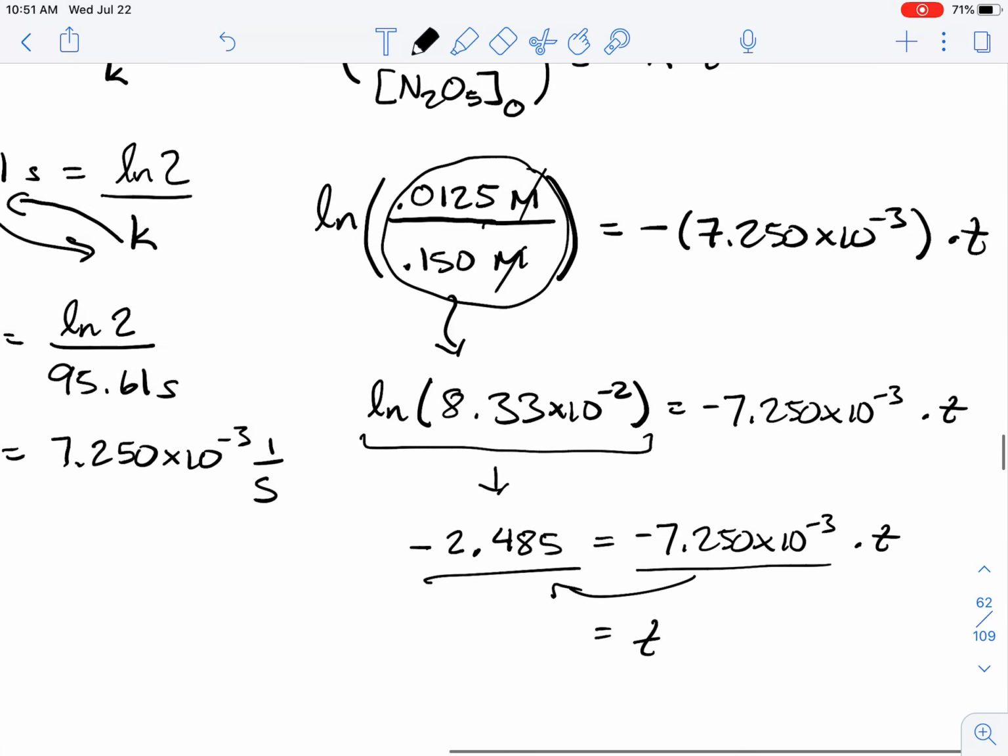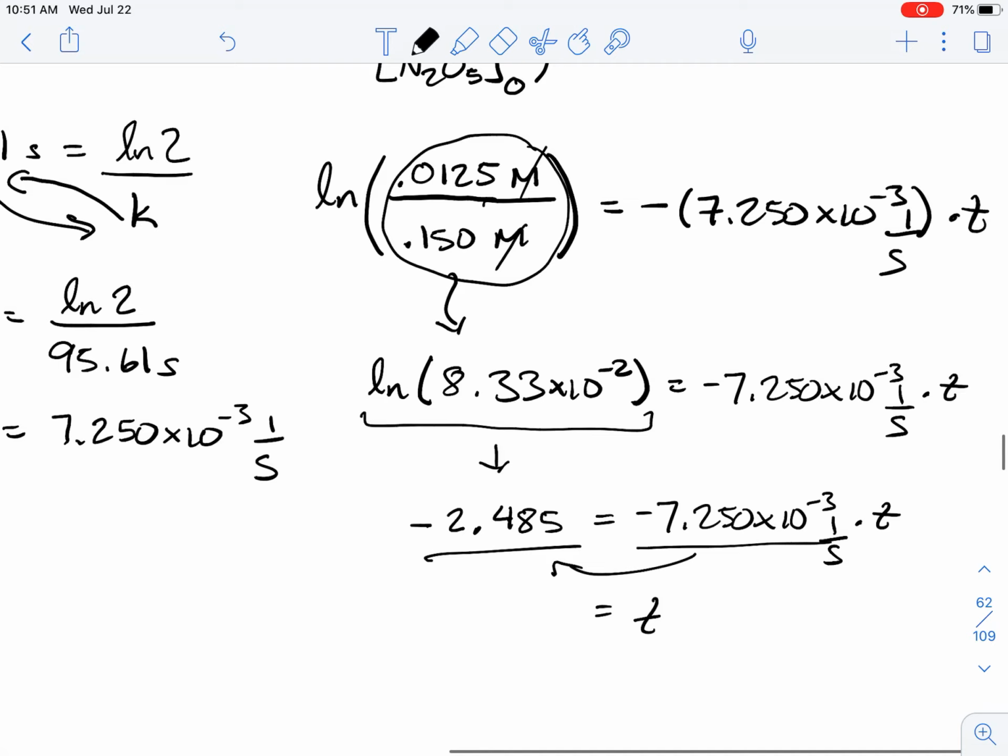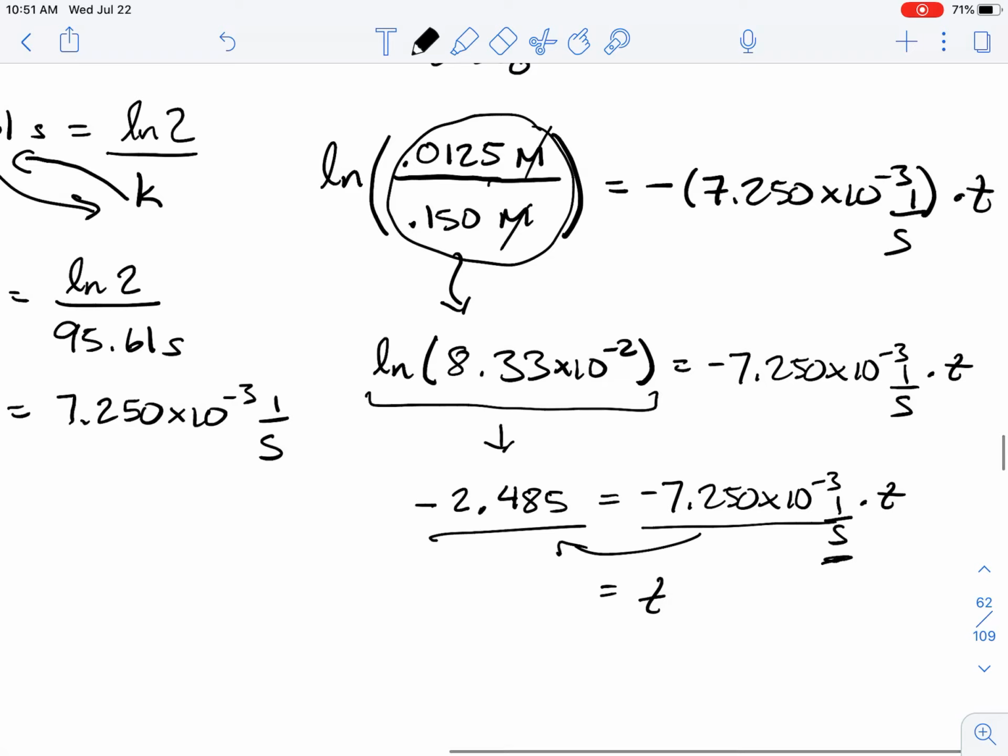Actually, you know what? There's one thing that I'm missing here. I'm missing the unit. So 1 per second, 1 per second, 1 per second. If I were to divide negative 7.25 times 10 to the negative 3 to the other side, this second would be flipped to the very top. So the final answer is going to be 342.7 seconds.